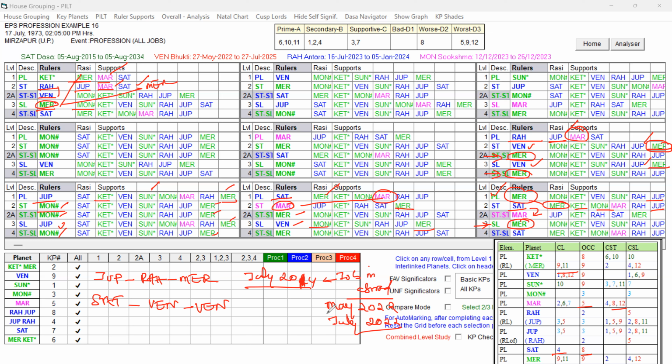He said that when he contacted in May 2022, his contract was going to end in July 2022. He wants to know whether his contract will be extended further, or he has to come back to his homeland. That is the question. During that period, he was running Saturn Dasa, Venus Bhukti, and Venus Antra.